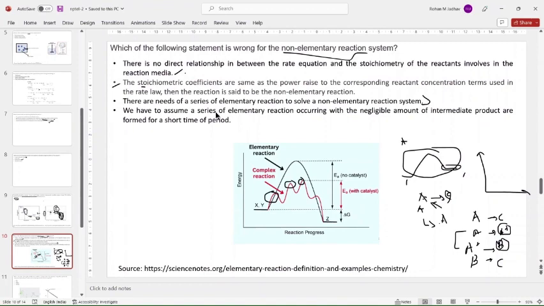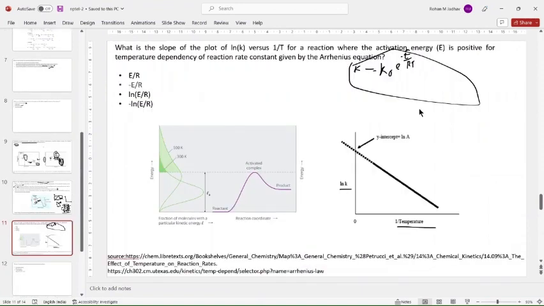What this shows is that we are taking 1 by temperature here, and ln K right here. And this right here is your intercept. That will be your ln A or K naught, that is the frequency factor.